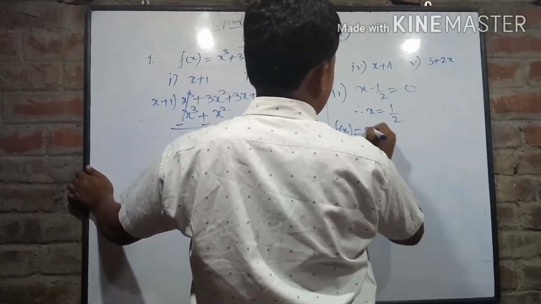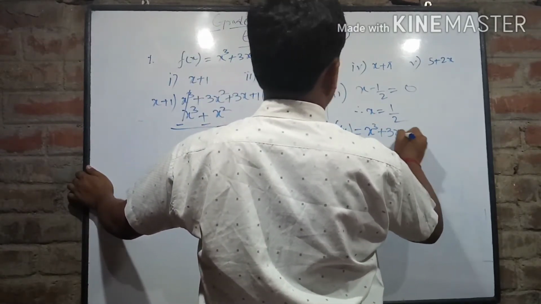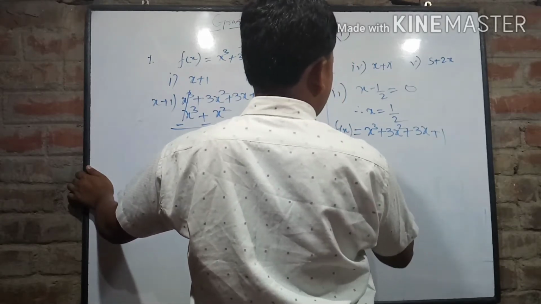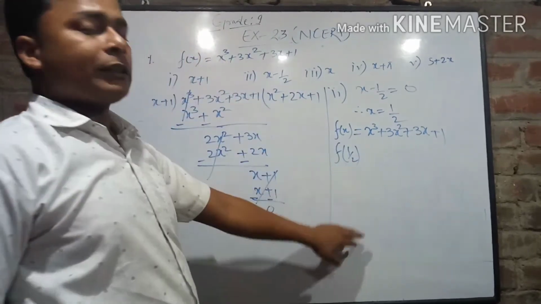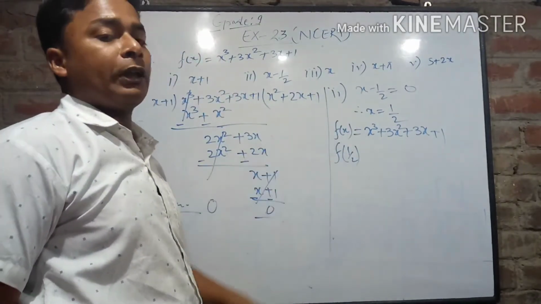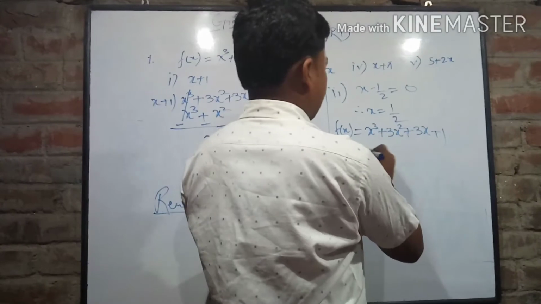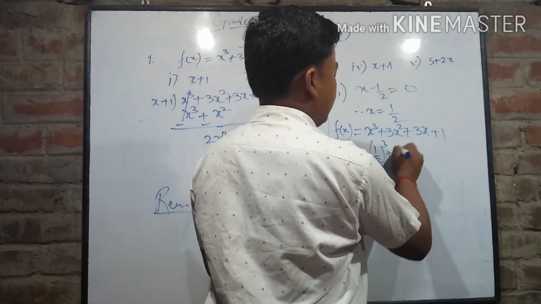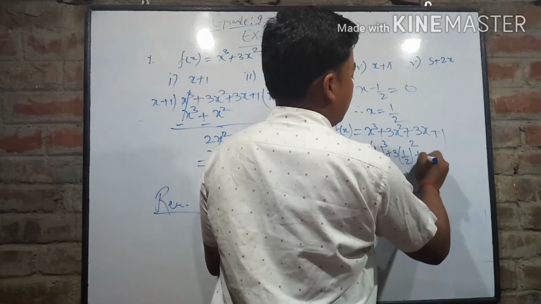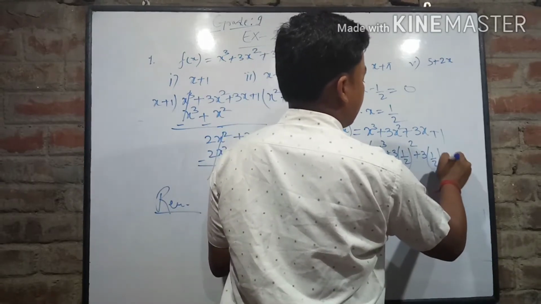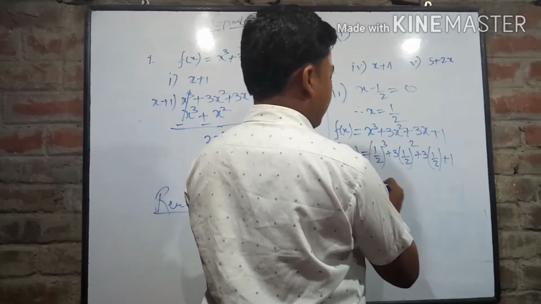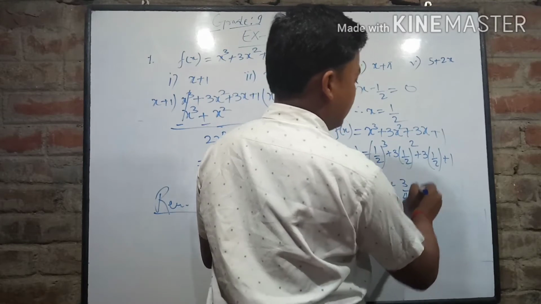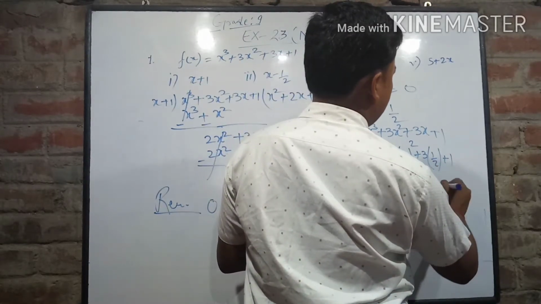If f(x) is equal to x³ + 3x² + 3x + 1, what is the value of f(1/2)? Whatever the simplified value is, that will be the remainder. (1/2)³ + 3(1/2)² + 3(1/2) + 1 is equal to 1/8 + 3/4 + 3/2 + 1.